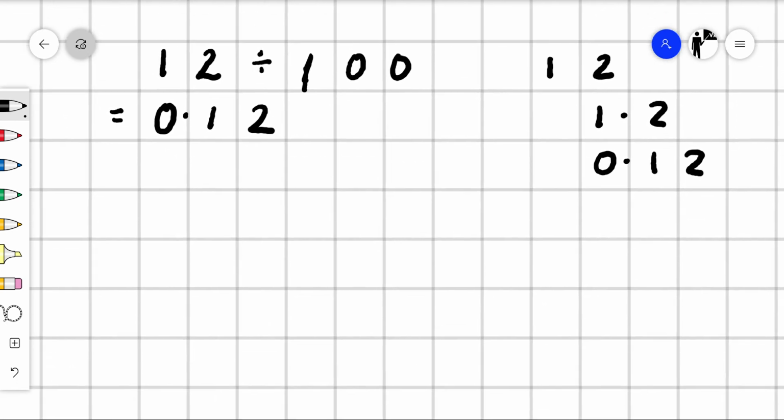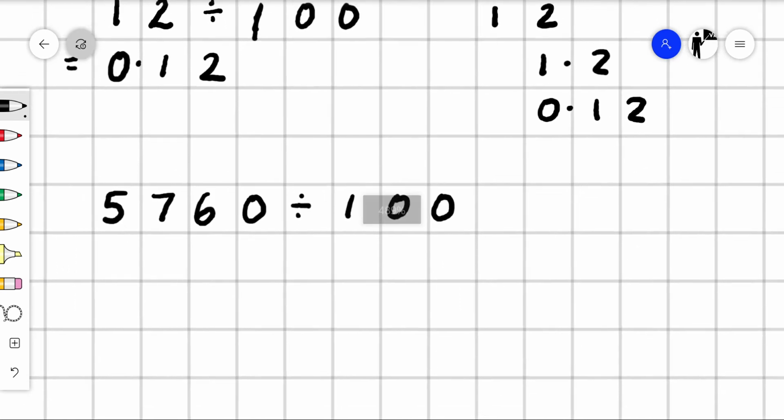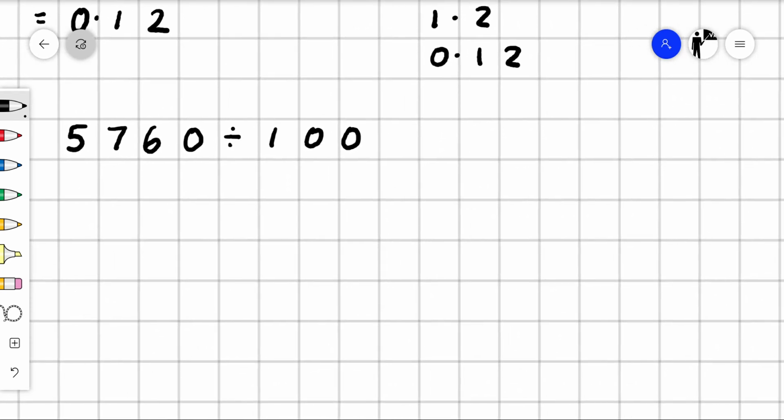Okay, we'll do one final one. Let's do 5,760 divided by 100. This is a bit harder, this one, not going to lie. 5,760 divided by 100. Okay, so we're going to move down 2 places. So if I move down 1 place, I'd be at 576.